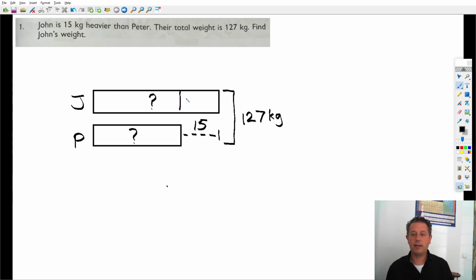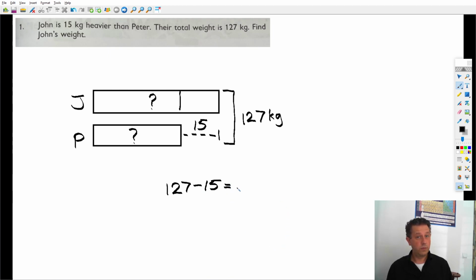Again, we'll add it back later. So there's 2 ways you could do this. For this particular example, why don't we subtract from John's weight? So for our first equation, we're going to do 127 minus 15.